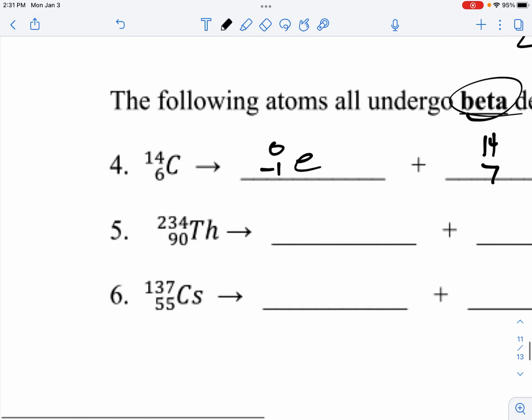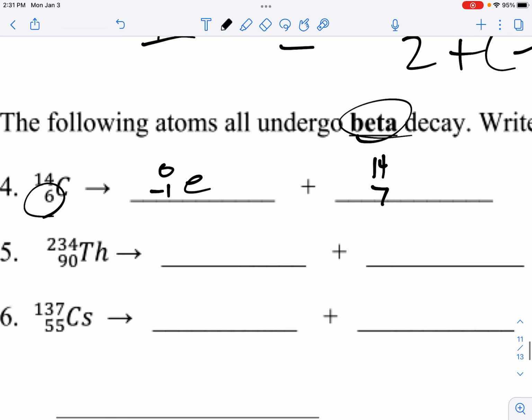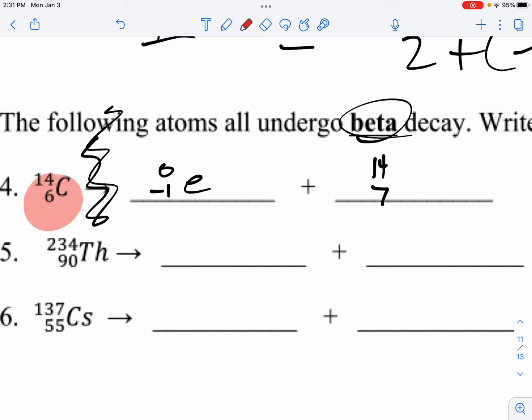So this 6 that's here loses a -1 and goes to a 7. Or, to put it a different way, remember that this is your split, and this is a 6, and this is a -1 and a 7. Everything over here has to be the same as everything over here. -1 and 7 is the same thing as the 6. All right, let's try another example.